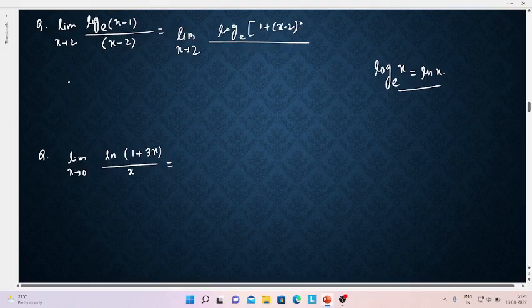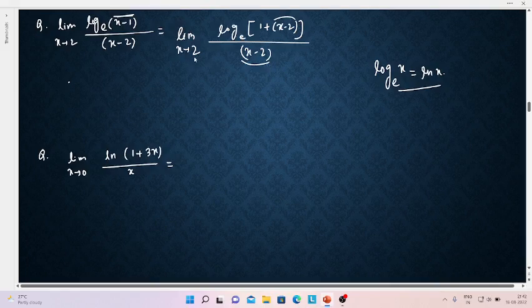Here you can see that x - 1 can be written as 1 + x - 2, so that is nothing but x - 1. And the denominator is x - 2.